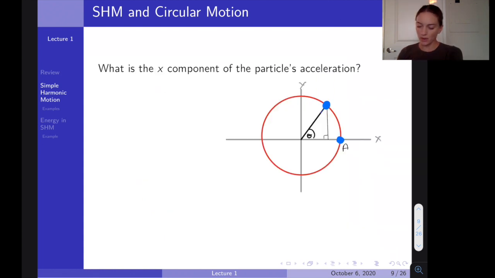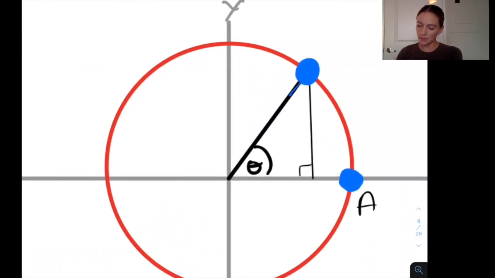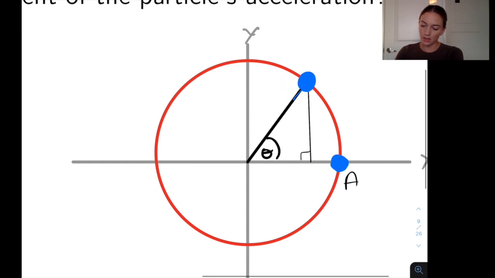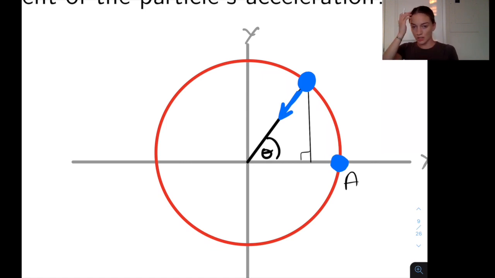So let's look at the particle when it's at that same spot as before. And we know that in uniform circular motion, the acceleration is directed directly inwards towards the center of that circle, right? So we have the acceleration there, and we want to find the x component again. The x component is going to be sort of like that, and we're going to have another little triangle there.